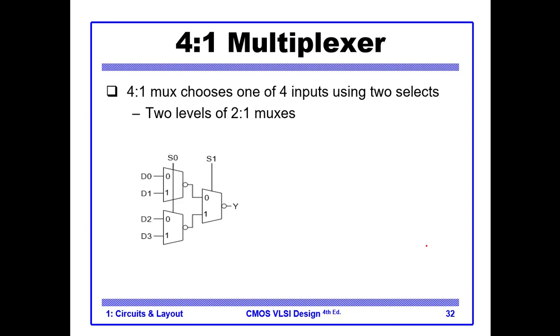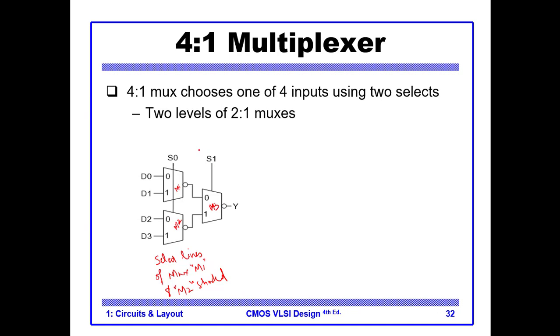Let me tell you that the select lines of, so for example, this is mux 1, this is mux number 2, and this is mux number 3. The select lines of mux M1 and M2, they are shorted.